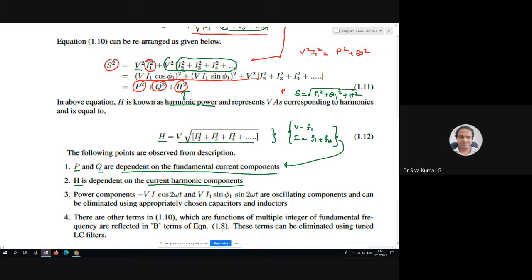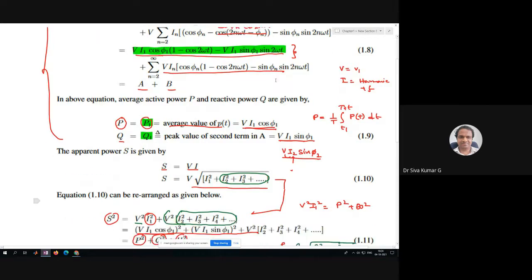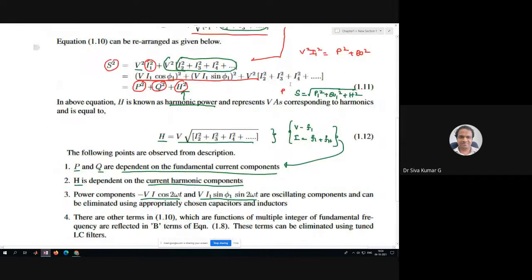See, in the equation, we have seen one of the terms is minus V1 I1 cos phi1 cos 2 omega t, and this equation also. In the above equation, we get terms of cos 2 omega t and sin phi sin 2 omega t, which are all oscillating components.